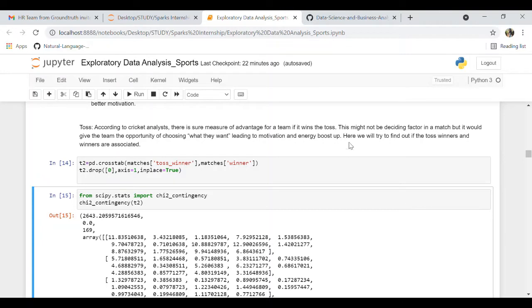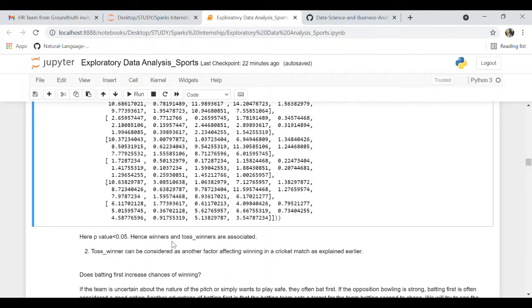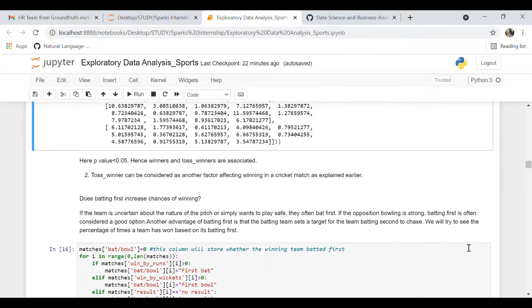If a team happens to win the toss, that might ultimately result in the team winning. From the data, we did a chi-square test and it turned out to be associated. So the toss winner might also be another factor affecting the winning of a team in the match.